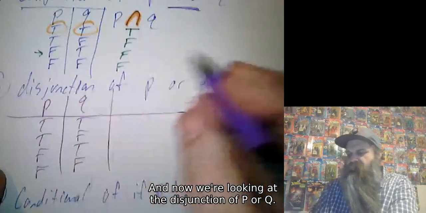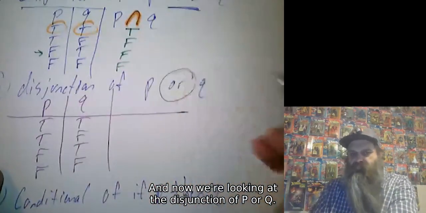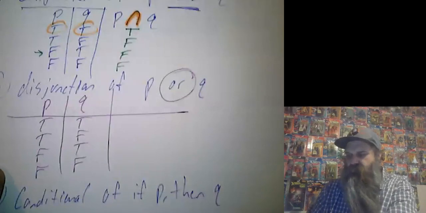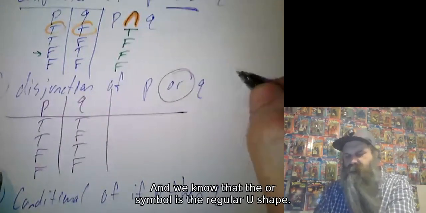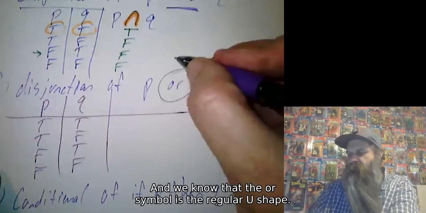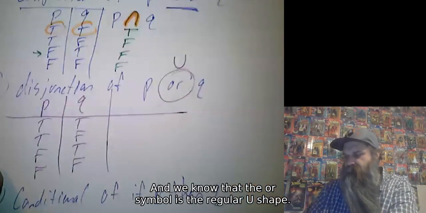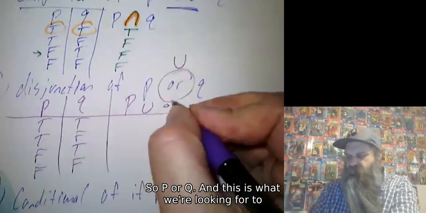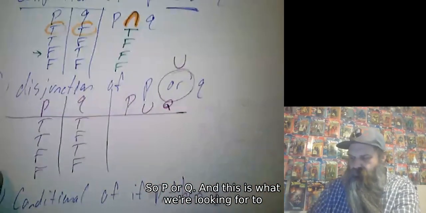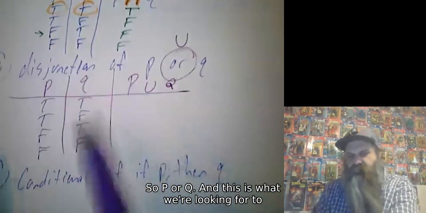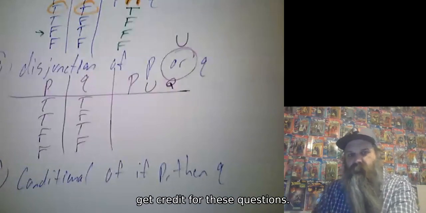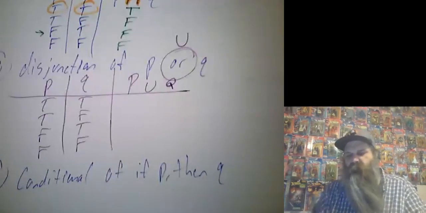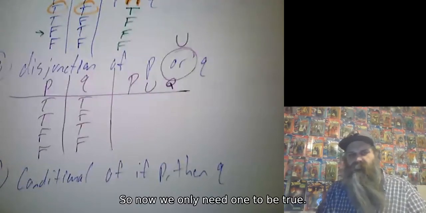And now we're looking at the disjunction of P or Q. So again, it tells you, and we know that the or symbol is the regular U shape. So P or Q. And this is what we're looking for to get credit for these questions.